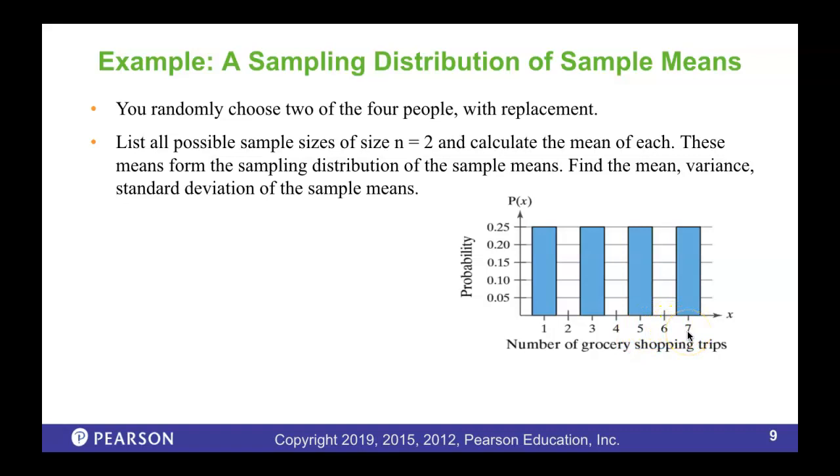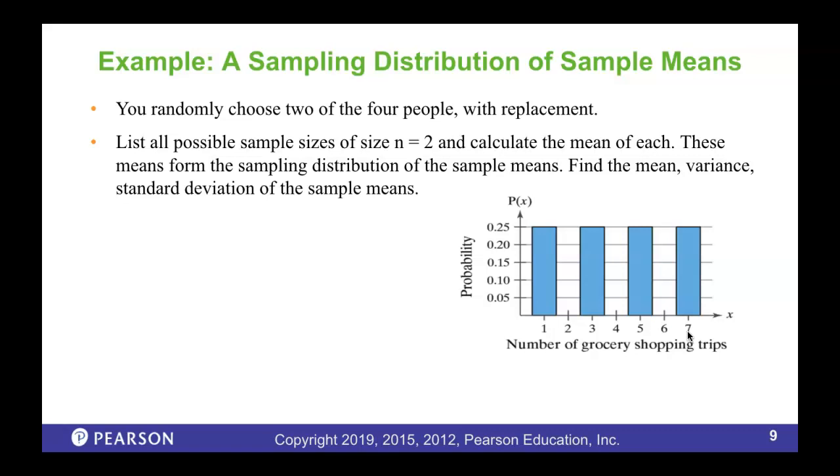Does that make sense, what we are doing? We're going to randomly pick 2 people and find their average. These averages that we're calculating form the sampling distribution of the sample mean. And they said find the mean, variance, and standard deviation of the sample means.